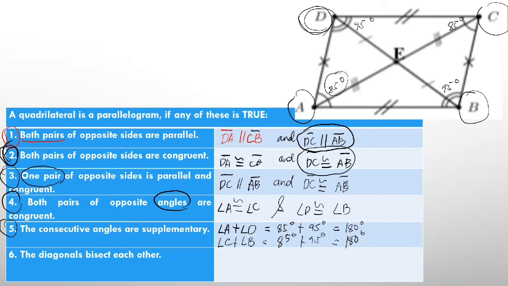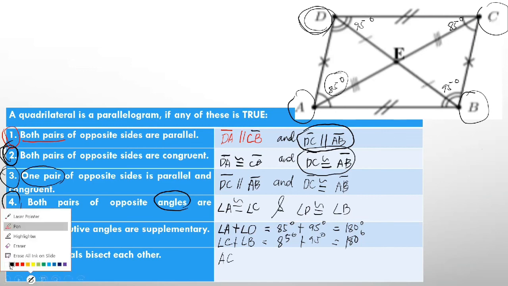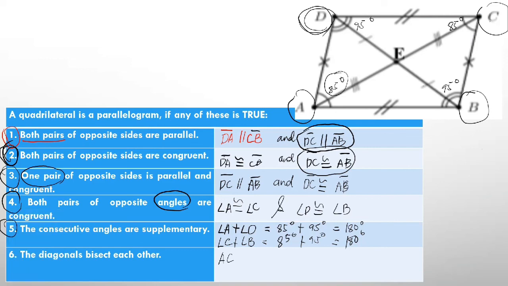Next property that we have is number 6. The diagonals bisect each other. Let's have the diagonals muna. So, diagonal AC, kasi ito yung diagonal natin. It is connecting the two vertices. So, the diagonal that we have, this is the first vertex connected to second vertex.